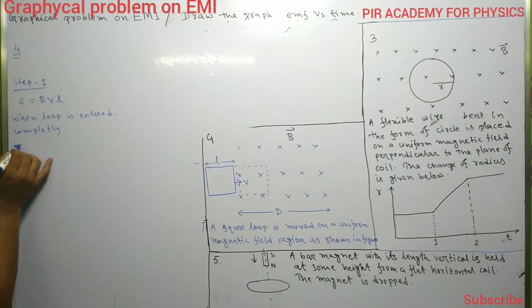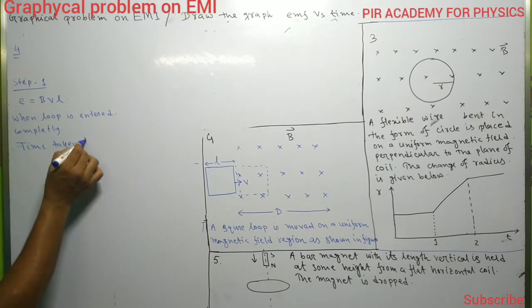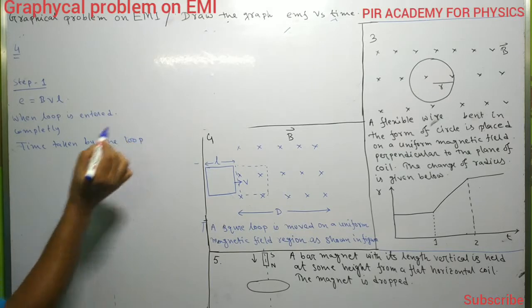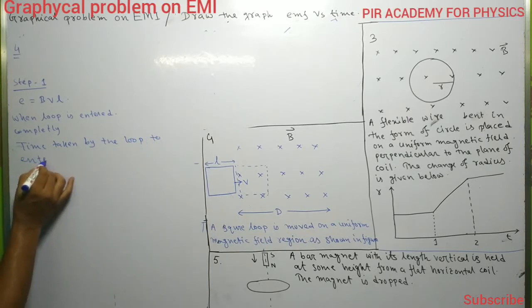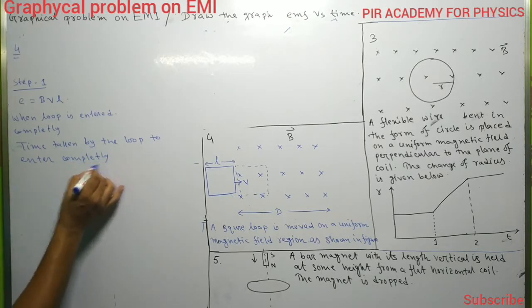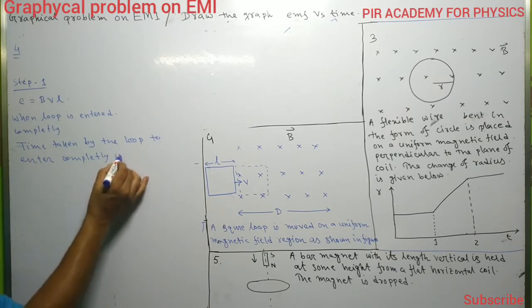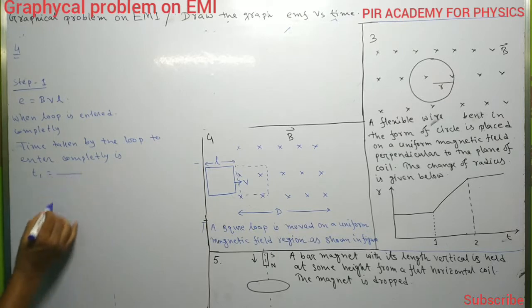The time taken by the loop to enter completely, suppose time equals t1.